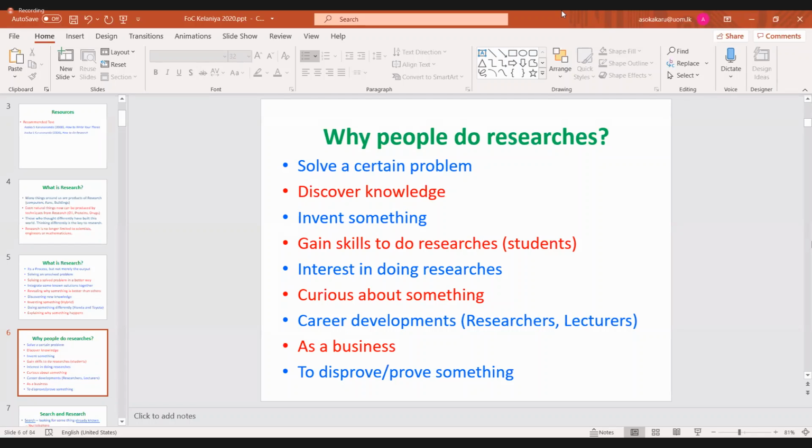Okay, that's why actually we are waiting for other countries to discover a drug for COVID, no?